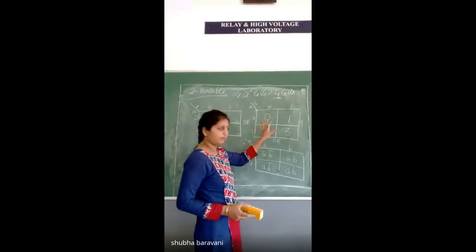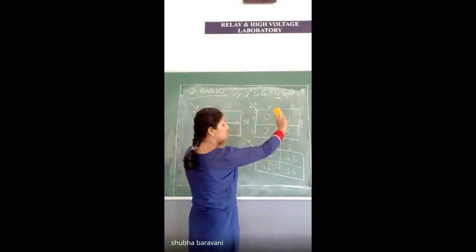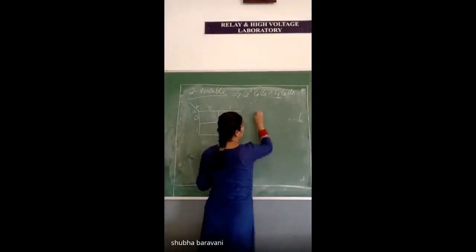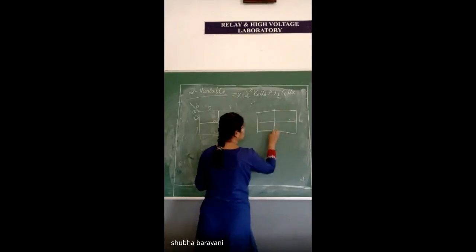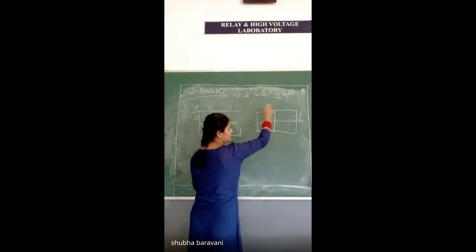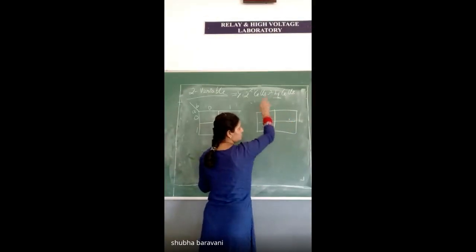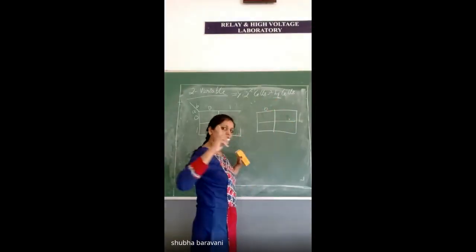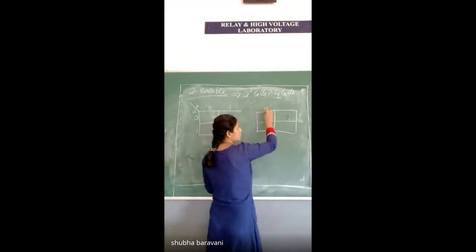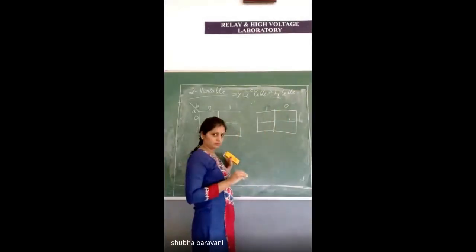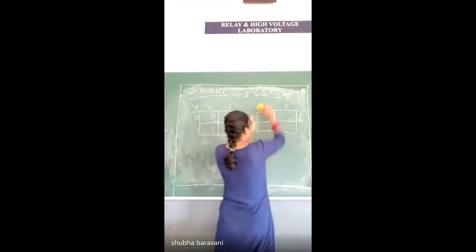This was understood? So see, what I mean to say is, there are two states here. This is one state, this is one state. When I jump from one state to the other state, only one variable can change. I can change 0 to 1 or I can change 1 to 0. Understood?